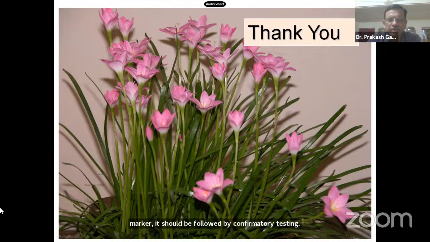We cannot take a decision for or against continuation of pregnancy because, especially for Down syndrome, the negative predictive accuracy of NIPS is almost 100%. So when it is screen negative, almost 100% of the times the baby will not have Down syndrome.